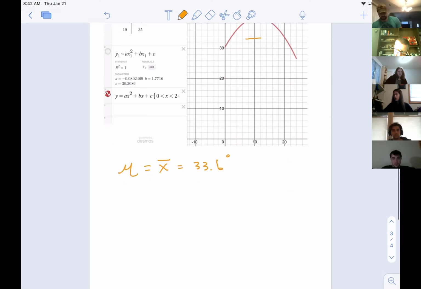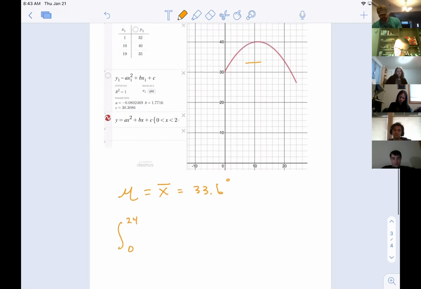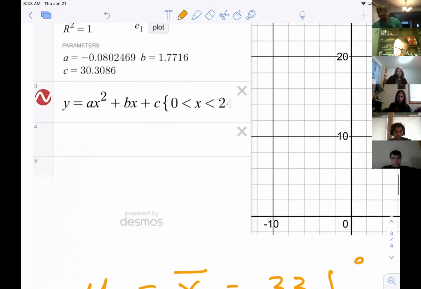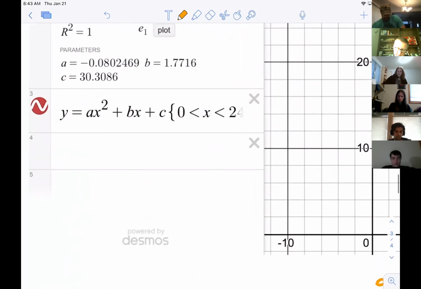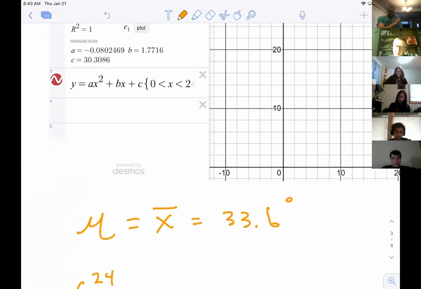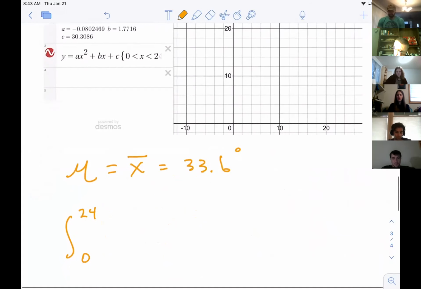If I take the integral from 24 to 0 of our equation, which I'm just going to estimate, because notice the A value, you're not surprised that it's negative. I think I'll wimp out and call it negative 0.08 because there's a 0 after it. Does it make sense? That's a pretty good place to round. I'm trying to decide if I should include the 2 in it as well, but I don't want to.